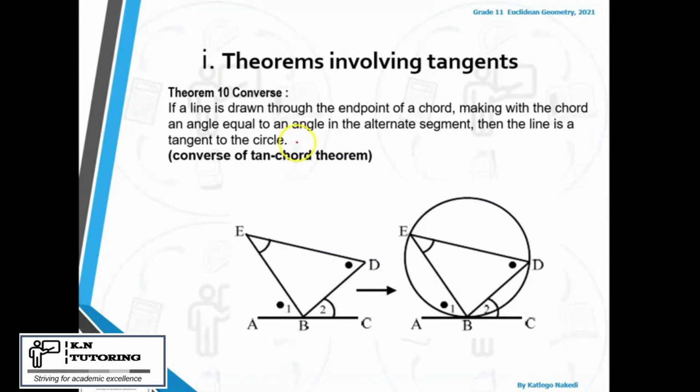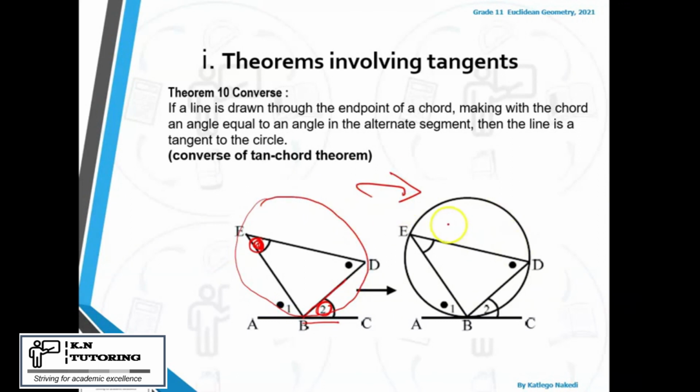This is a bit confusing, but what it is saying is that if we've got this angle that is between a tangent and a chord, and this angle is equal to the angle in the alternating segment, therefore this is a tangent. It's a reverse of the tan-chord theorem. That's why they say converse tan-chord theorem. So if this is equal, then we know that there's an imaginary circle that is passing here.